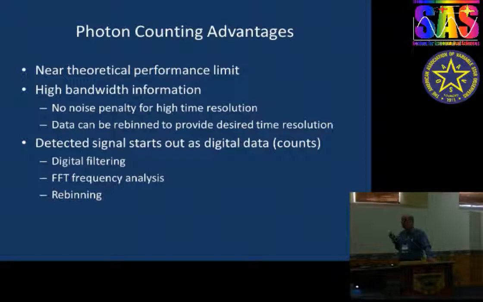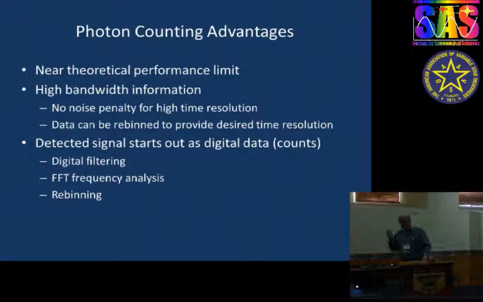The second point, I think, is even more important: the high bandwidth information. As Gary pointed out in the last talk, if you take faster and faster samples, you get more noise just from the statistics. But from the system itself, it's basically noiseless, so you can sample it at a few microseconds per sample, and then later decide, well, I really want to add those up to a millisecond or 10 milliseconds per sample, and you're not adding any noise to the observation.